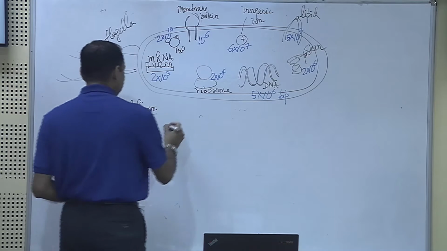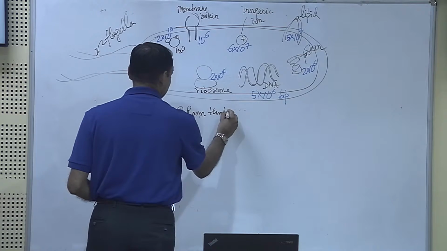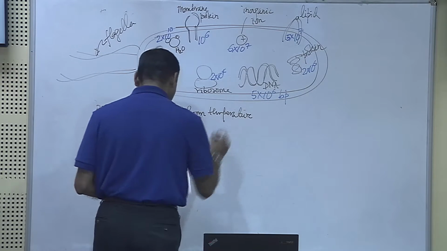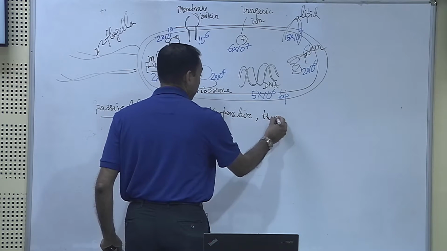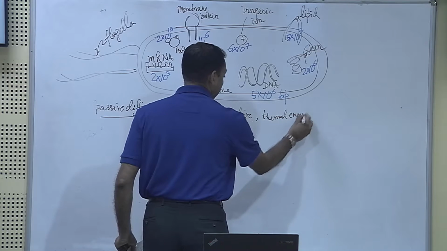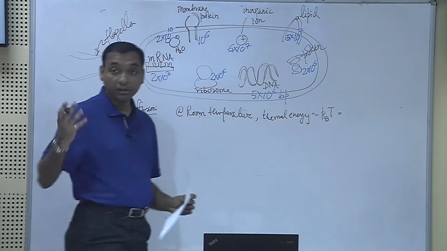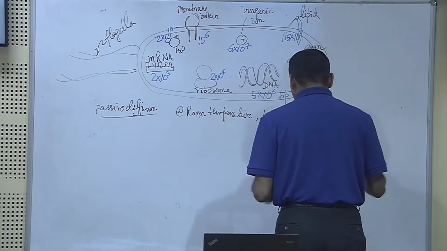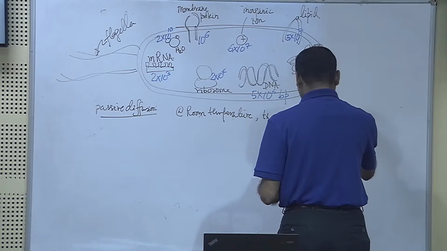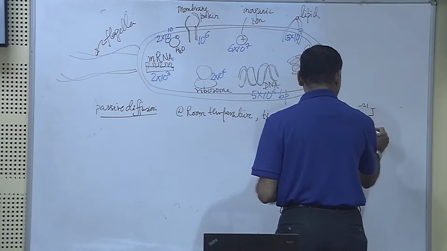At room temperature, the thermal energy we already know is on the order of kBT for any molecule. If I plug in the numbers, it comes out to be 4 times 10 to the power of minus 21 joule. That means 4.1 piconewton meter.